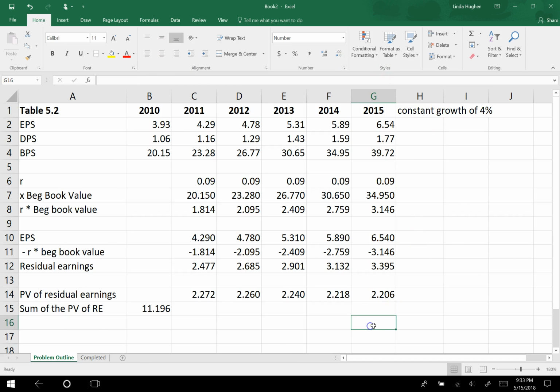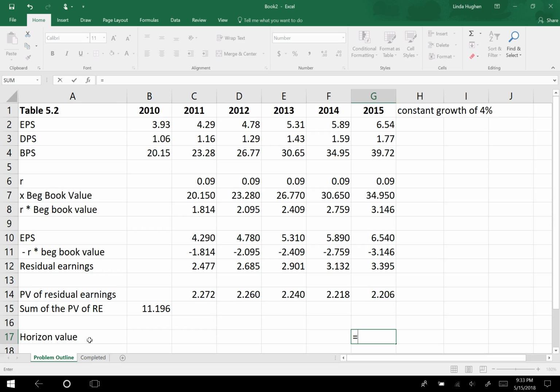So we're going to figure out that horizon value at 2015, the value of the firm if we were to sell the stock at 2015. This is going to be the horizon or continuing or terminal value as of 2015.